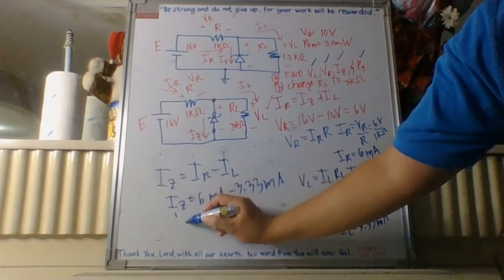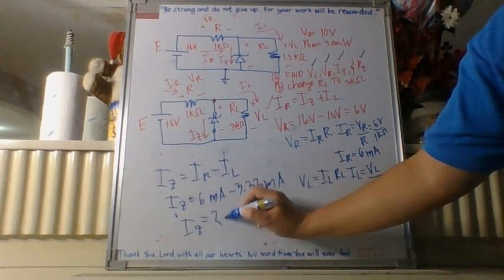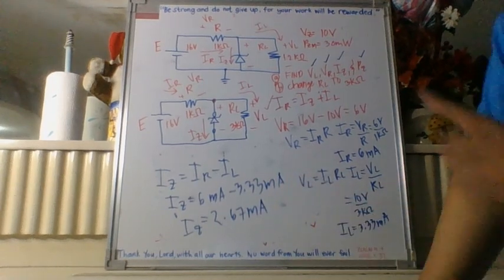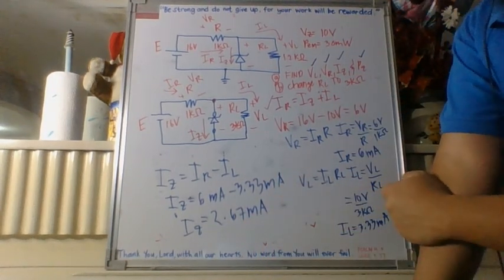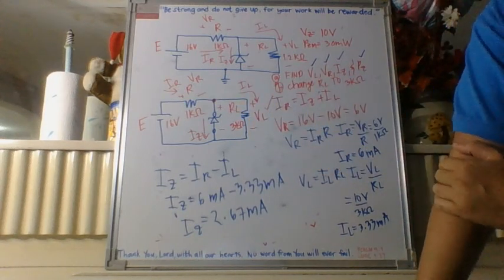So the answer for this one, I sub Z is equal to 2.67 milliamperes. As you noticed here, there is now current flowing through our Zener diode. Why? Because it is regulating.